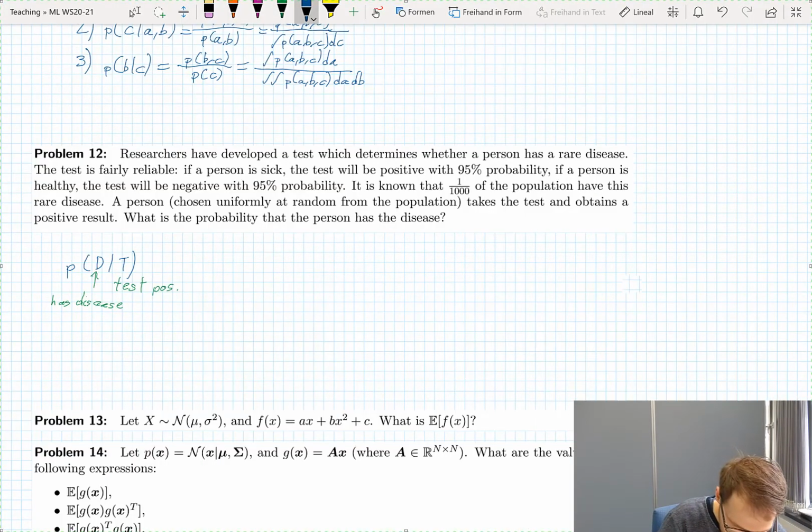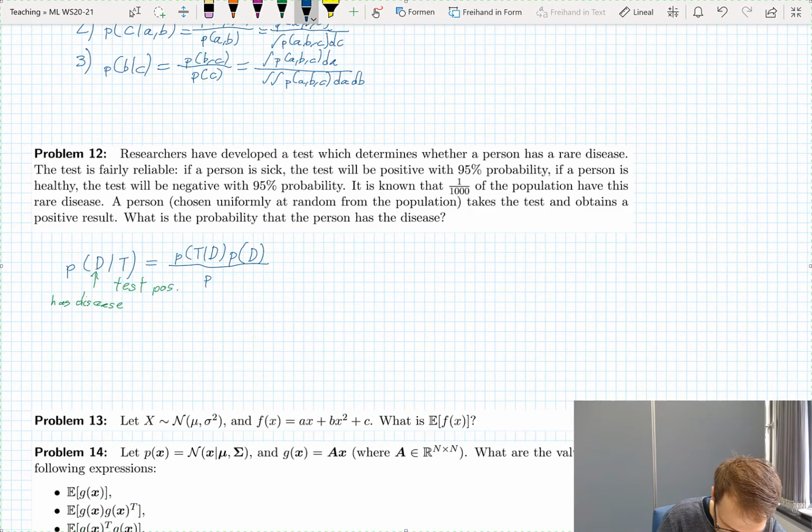So the probability of this is P of T given D times P of D divided by P of T.